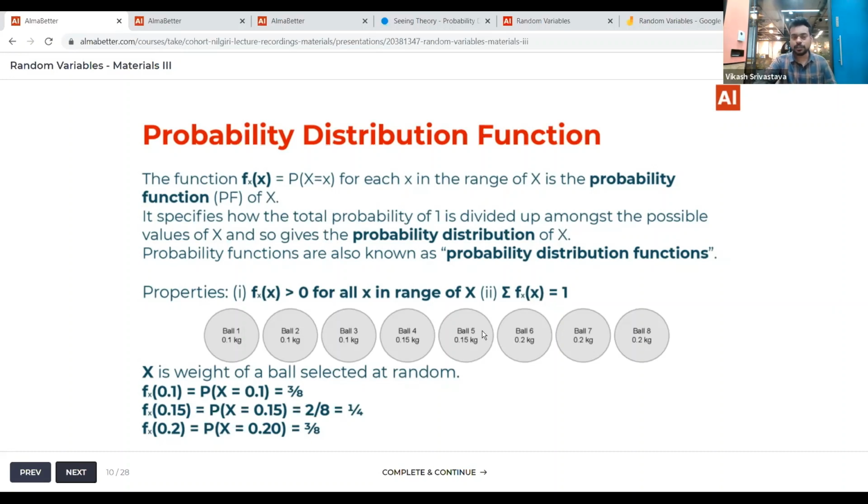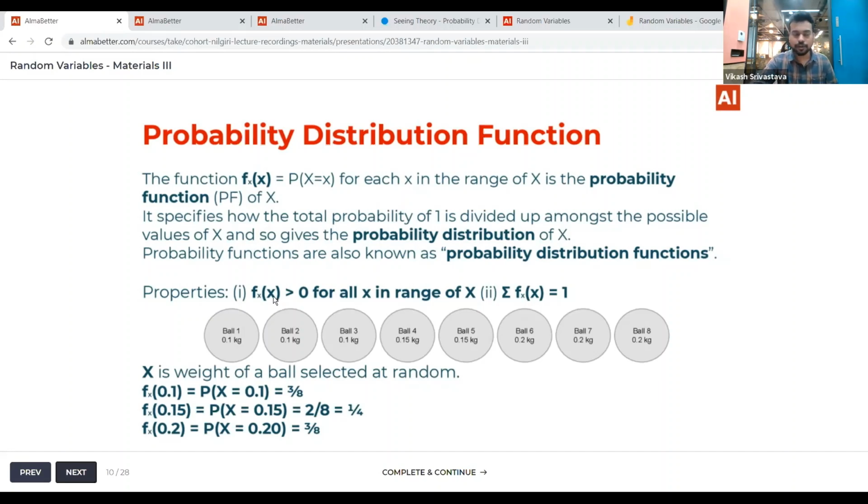Let's verify these two properties in the context of the last example that we were discussing, in which we have 8 balls in a bag, we select a ball at random, and we defined capital X as the weight of a ball selected at random.